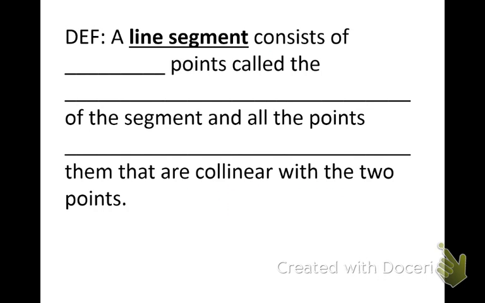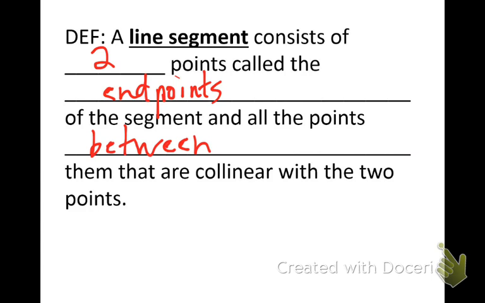Line segment. A line segment consists of two points called endpoints of the segment and all of the points between them that are collinear with the 2 points.